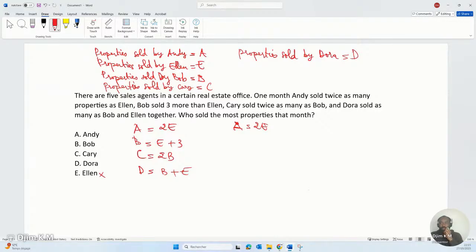And we have C equal to 2B. It's not Bob.